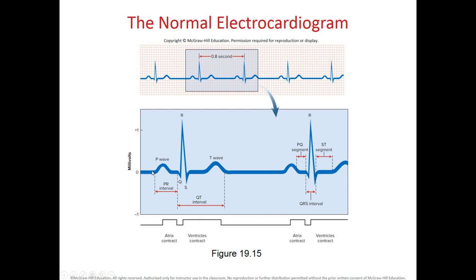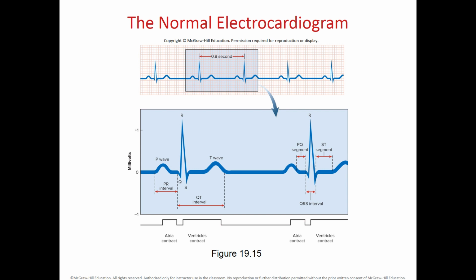So when the atria become positive. And then you have this PR interval that pinpoints to the time that it takes for the action potential to travel between the SA node and the AV node.